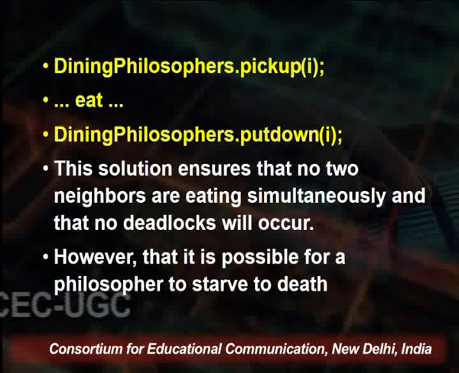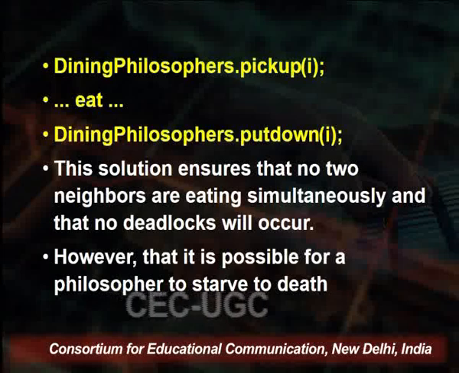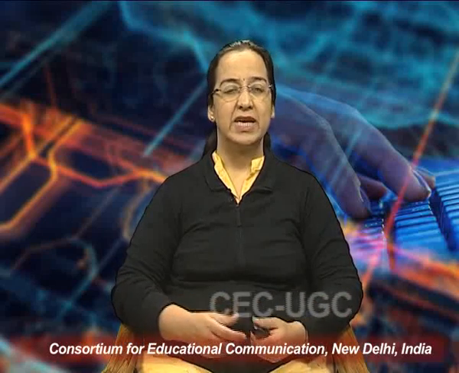Now, this solution ensures that no 2 neighbors are eating simultaneously and no deadlocks will occur, because the philosopher is going to pick up, then eat, and then put down.